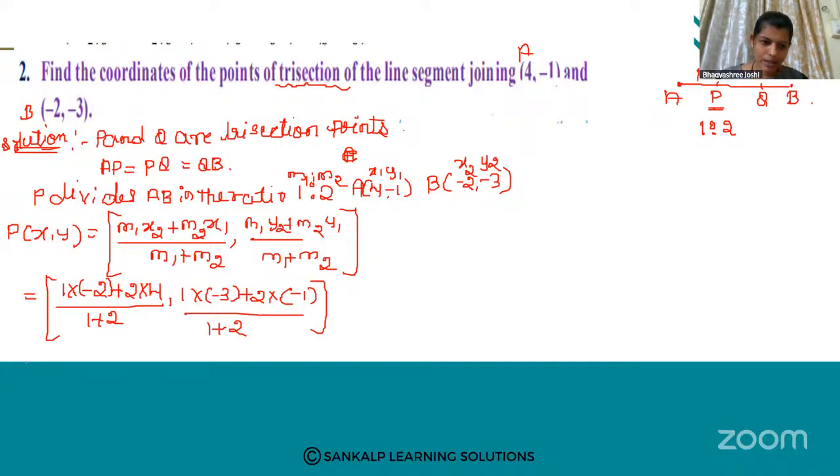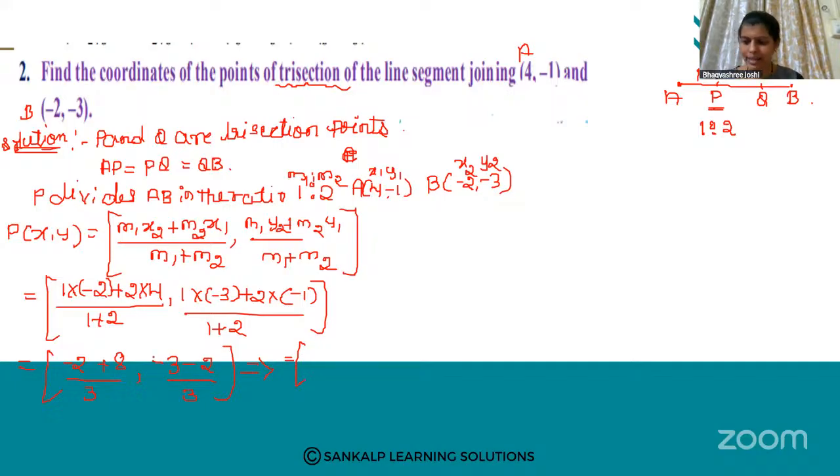Now, my dear children, 1 into minus 2, that is minus 2, plus 2 fours are 8, divided by 1 plus 2 is 3. 1 into minus 3, minus 3. 2 into minus 1, minus 2, divided by 3. Next, we'll write here only. This is minus 2 plus 8.